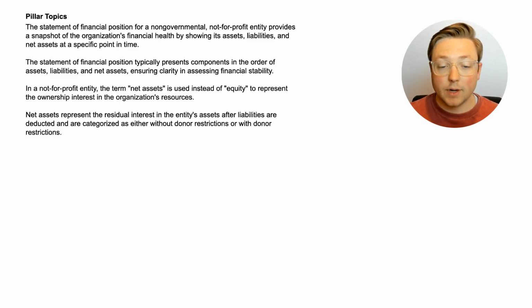In a not-for-profit entity, the term net assets is used instead of equity to represent the ownership interest in the organization's resources. And finally, net assets represent the residual interest in the entity's assets after liabilities are deducted and are categorized as either without donor restrictions or with donor restrictions. And again, we're going to dive deeper into those things in future videos. But that's pretty much the idea behind this topic, which was just giving you the purpose of the statement of financial position.